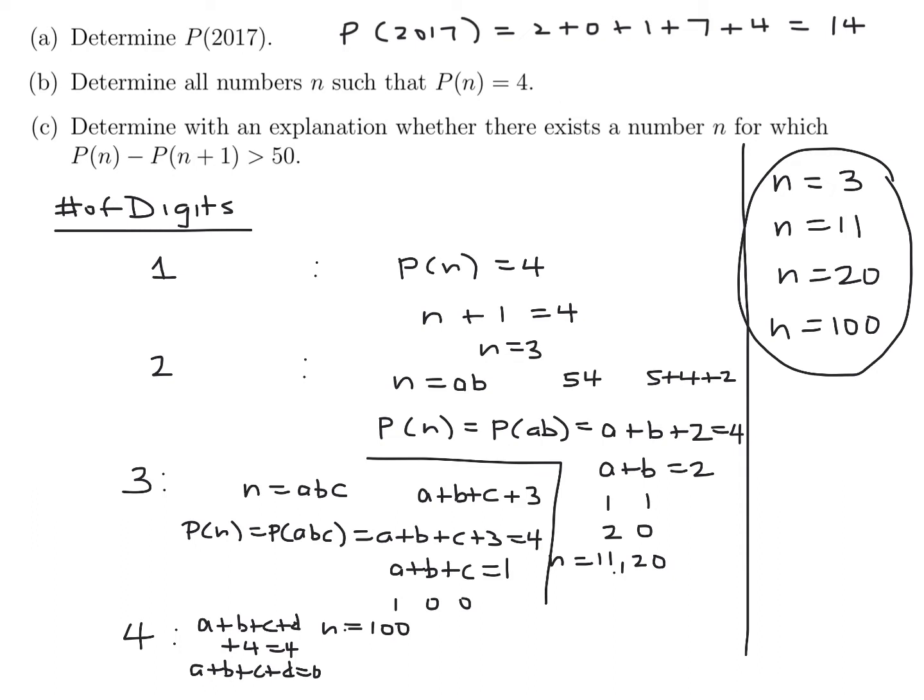Part C, determine with explanation whether there exists a number n for which p at n minus p at n plus 1 is greater than 50. So p at n minus p at n plus 1 greater than 50.